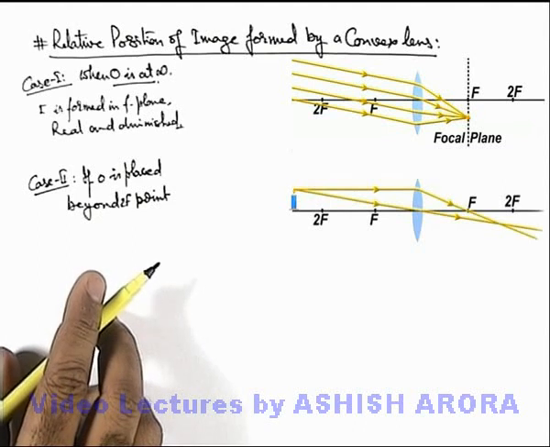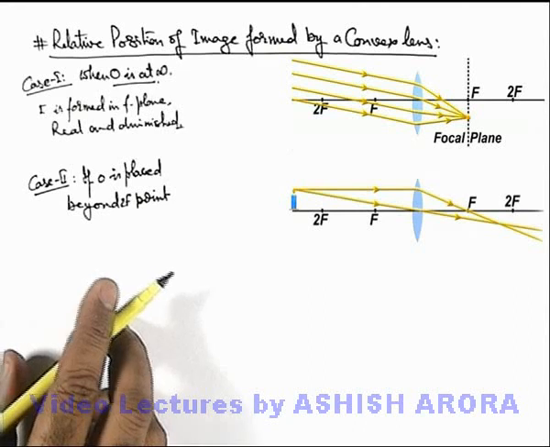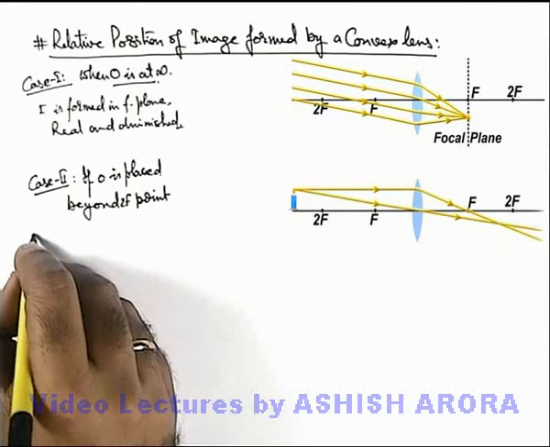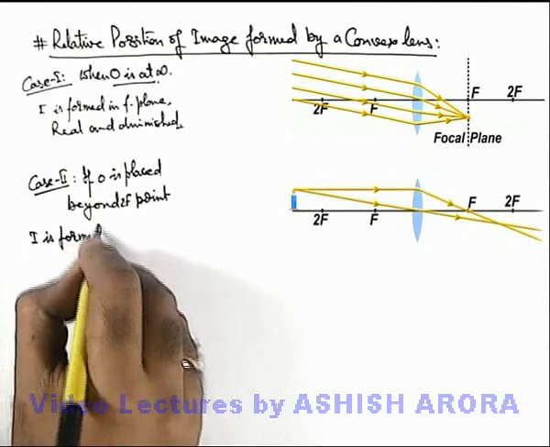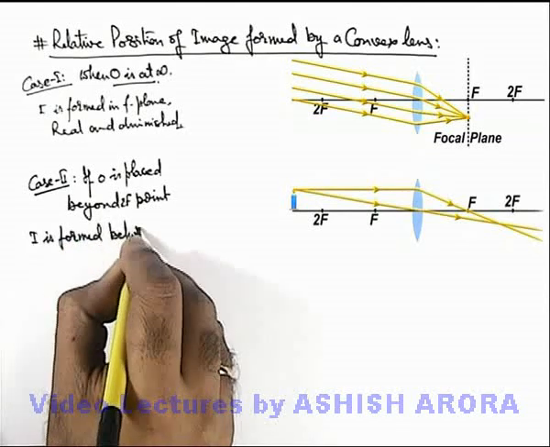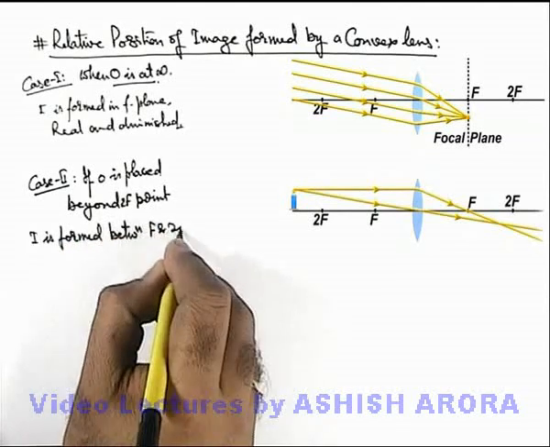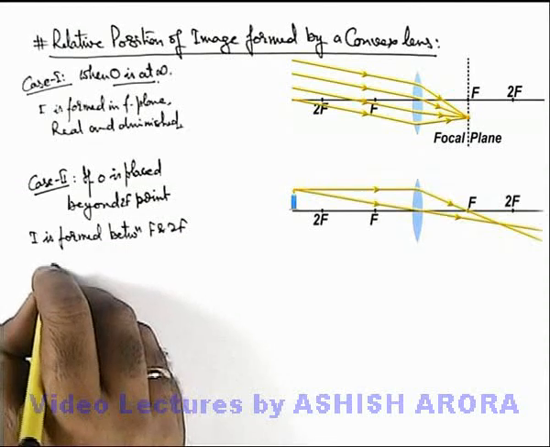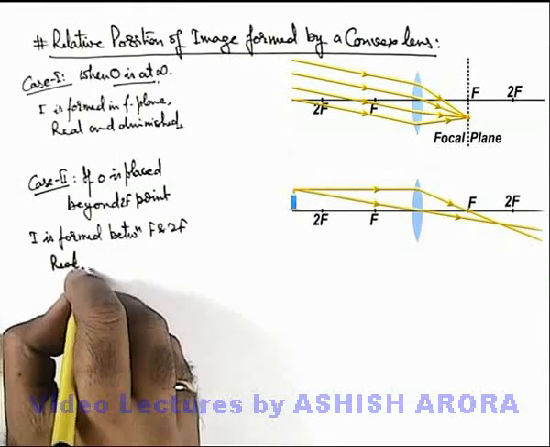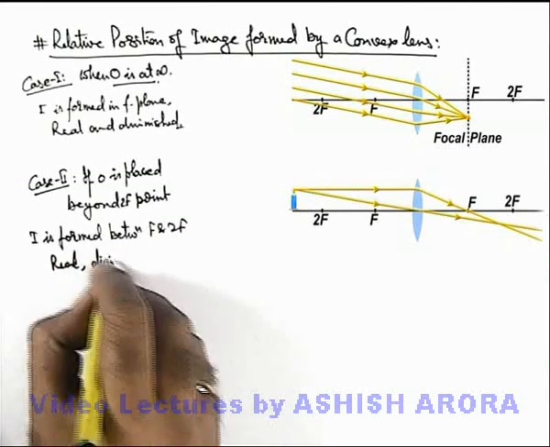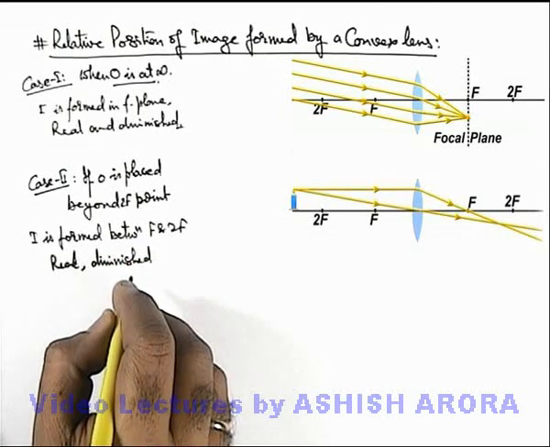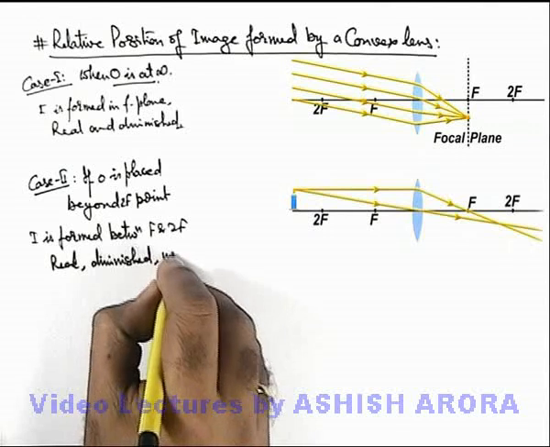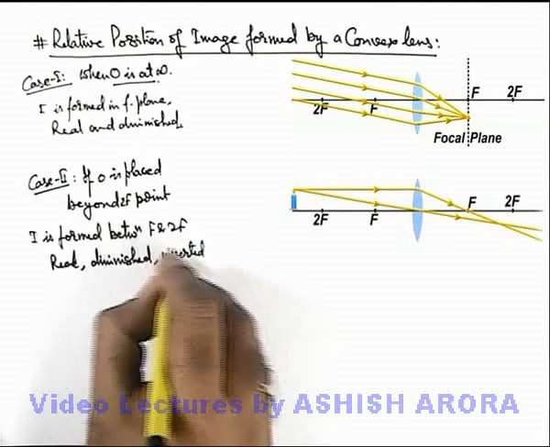After refraction, according to the rules we have studied, you can see the image produced will be between f and 2f. So here we can write the image is formed between f and 2f, and about the image we can write it is real, diminished, and as a real image of a real object is produced, it is also inverted.